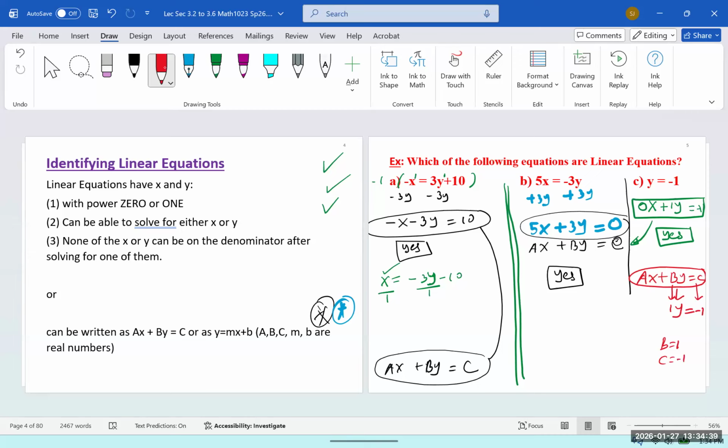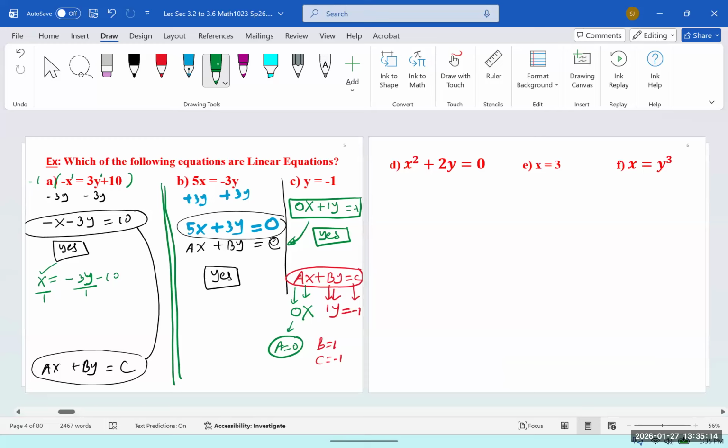That means the missing piece is ax. Even though it's missing, it doesn't matter, because when you have no x, it means you have 0x. So we have 0x plus 1y equals -1. That means the x coefficient a is 0. It's invisible, that's why it's 0. No problem. Thank you for asking.